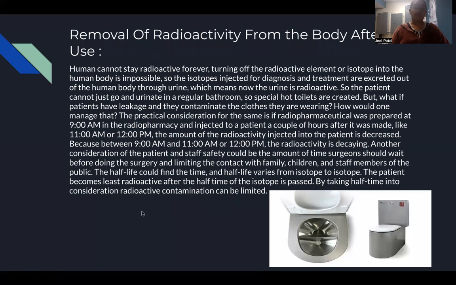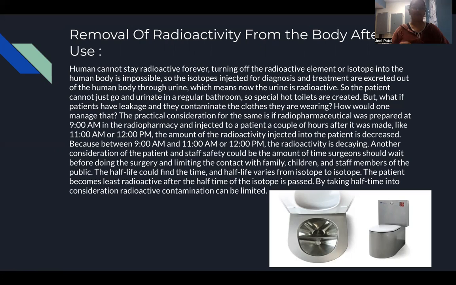The main and foremost thing is removal of radioactivity. Once radioactive isotopes like technetium-99m or gallium-68 are inserted in your body for diagnosis or treatment, there should be a way to remove them, because humans cannot stay radioactive forever.